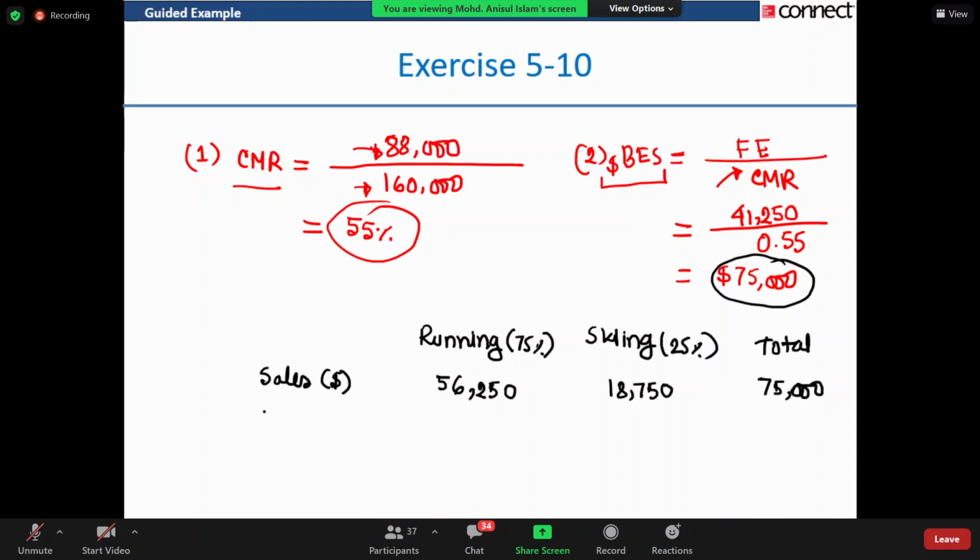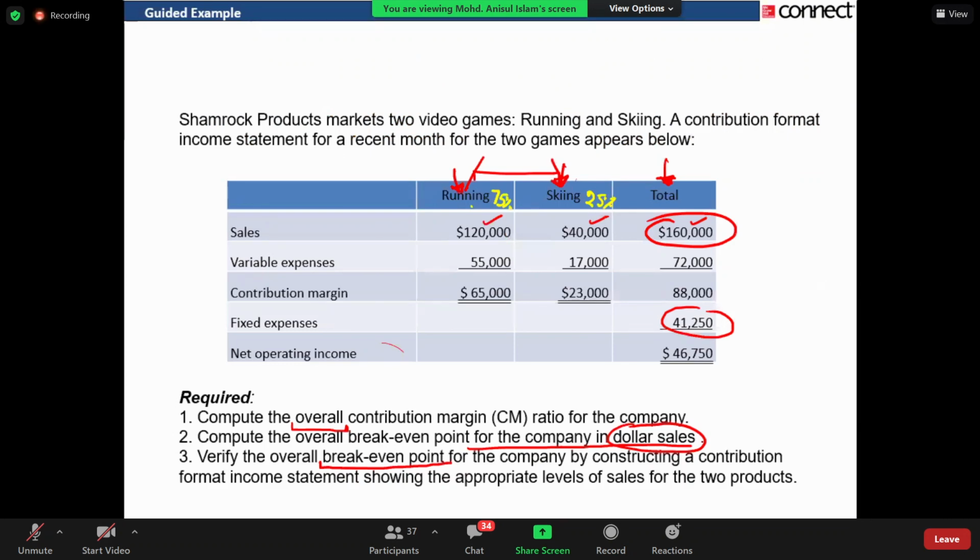Now, what is the second line item? The second line item is the variable expenses. We do not have adequate information whether variable expenses have changed or not, but we know that there is a relation between the variable expense and the sales, which is known as the variable expense ratio. Can you help me find out the variable expense ratio for the running video game and the variable expense ratio for the skiing video game?